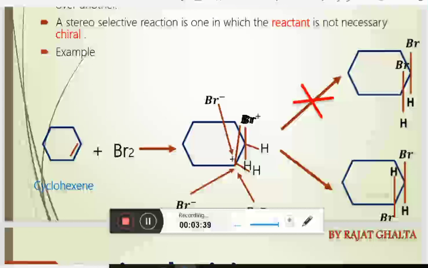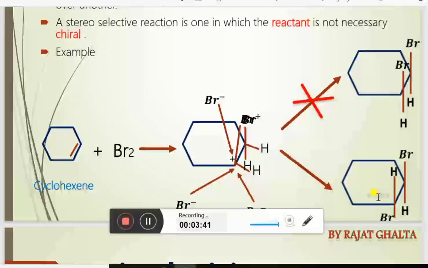So the possibility is that we will have both of these products, but they are saying that this product is not forming because of the anti-addition. Because there is a cyclic bromonium ion formation, and after having that the only possible attack will be the anti-addition, right, and we will have this kind of product.